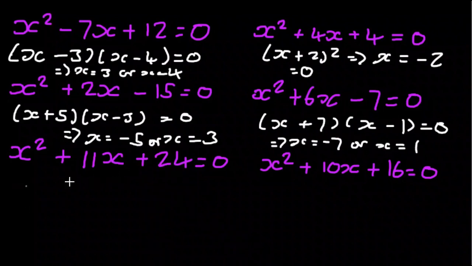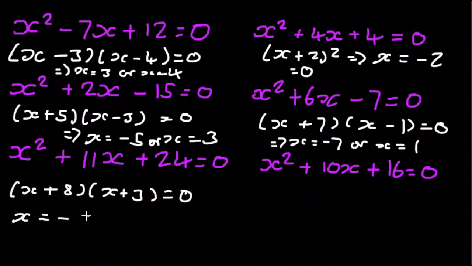Here again, factors of 24, there's quite a few of these, there's still not too many that we can't run through them, and when you do that you find that x plus 8, x plus 3 solves this, and we get x is equal to negative 8, or x is equal to negative 3.